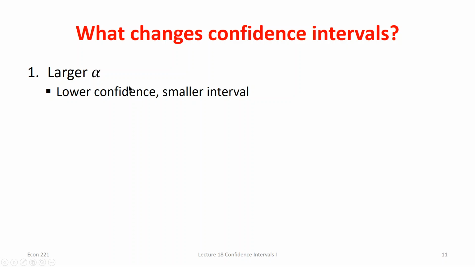So if I want to say something with a lower level of confidence, then my confidence interval would just have fewer values in it. It would be narrower. So if I wanted to say something with 99% confidence, I could say that it was in between the value of 0 and 100. But maybe if I can only say it with 90%, I have to include fewer values.